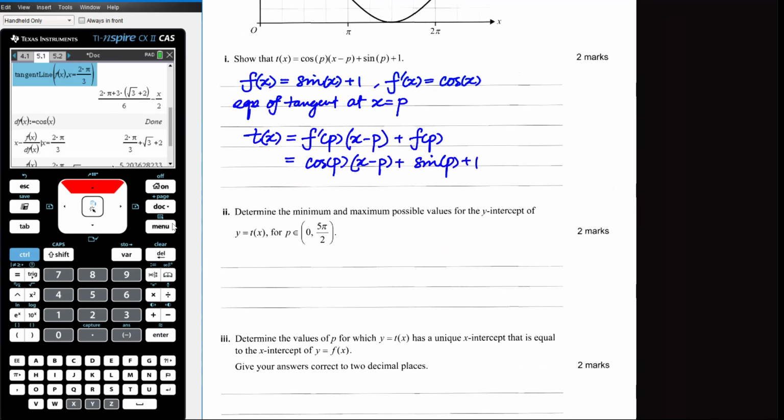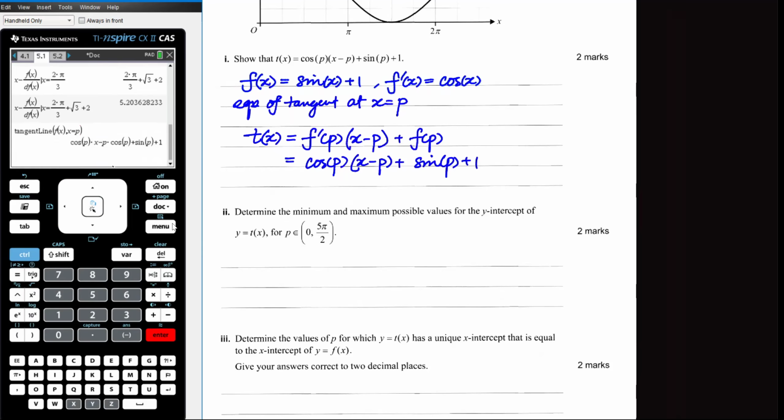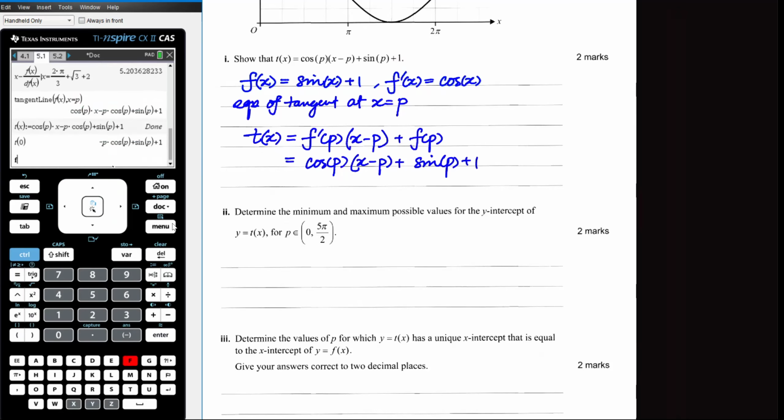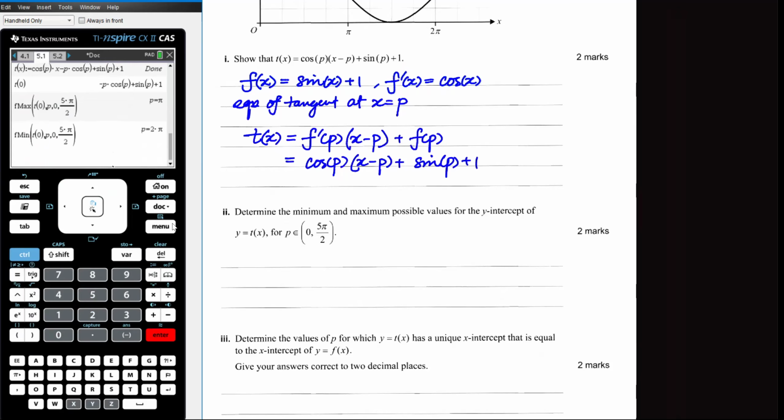And then I would like the y-intercept with the maximum and the minimum. So let me just define T of x to this expression here. We'll get T naught and f max. P between 0 and 5 pi over 2, f maximum is at p equals pi, and f minimum is at 2 pi.